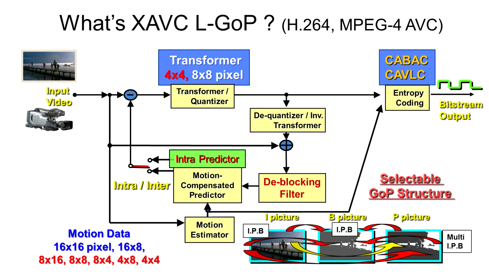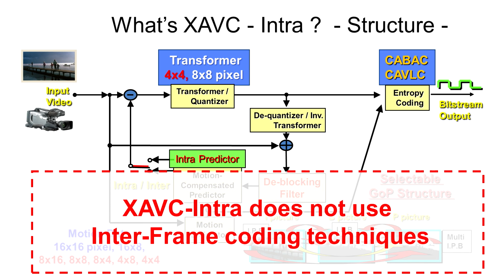In its generic form it is long GOP, but if I were to disconnect the interframe portion of the algorithm, XAVC becomes an intra-frame compression. Therefore, the chip or the implementation can be easily switched between intra-frame compression, where compression takes place on a picture-by-picture basis, or long GOP or inter-frame compression, employing all of the techniques in the algorithm.